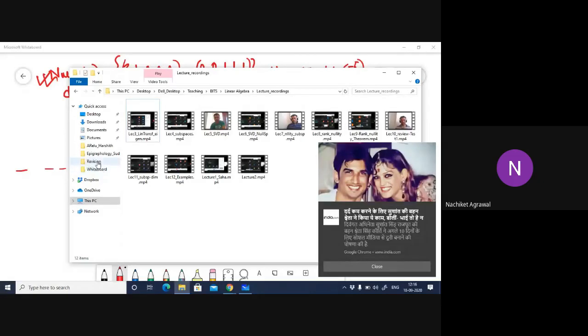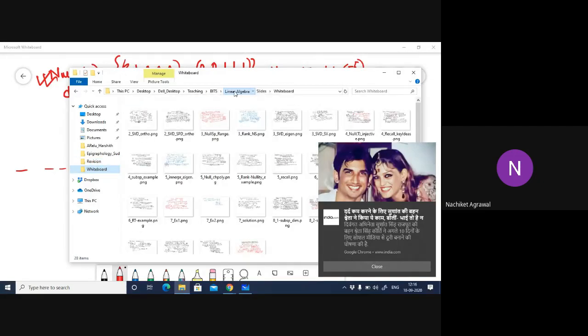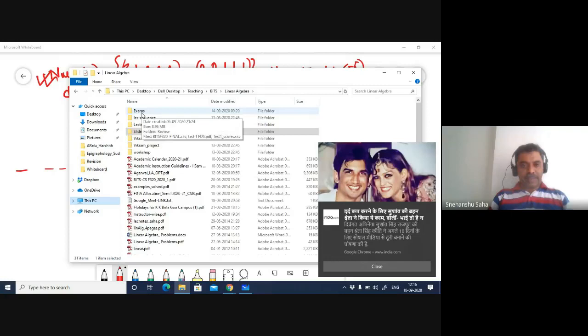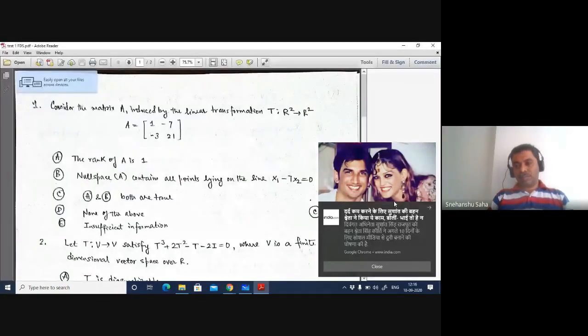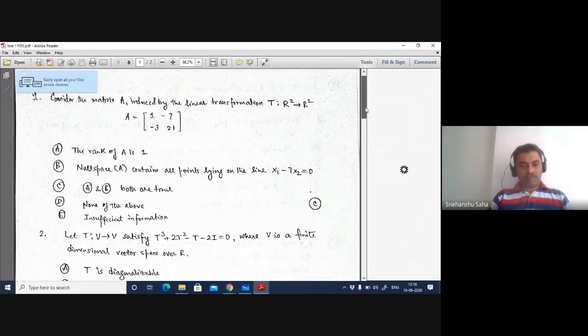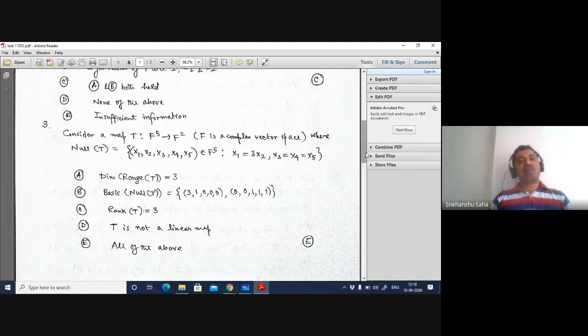That was never the question. Option D was T is not a linear map.